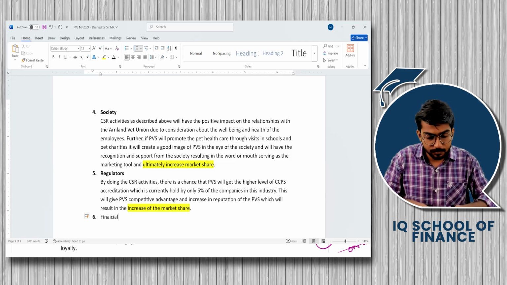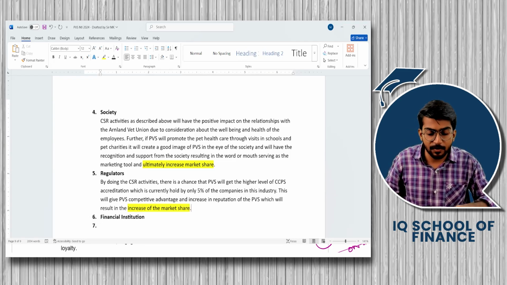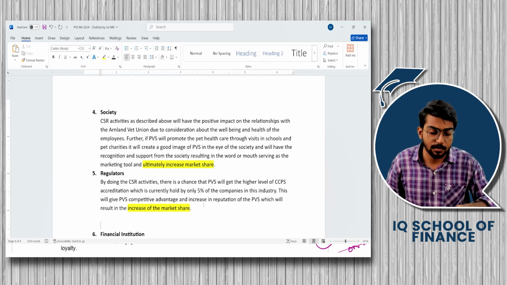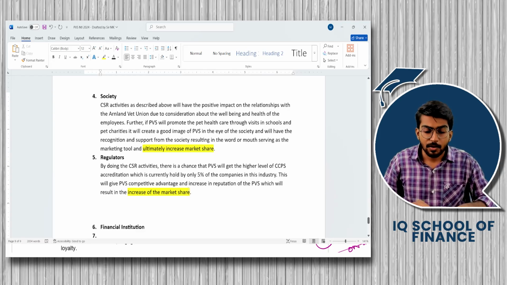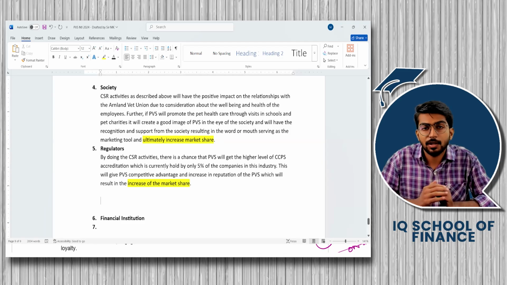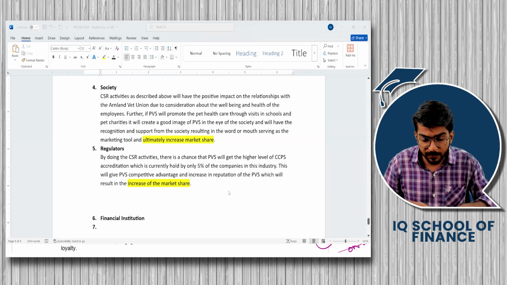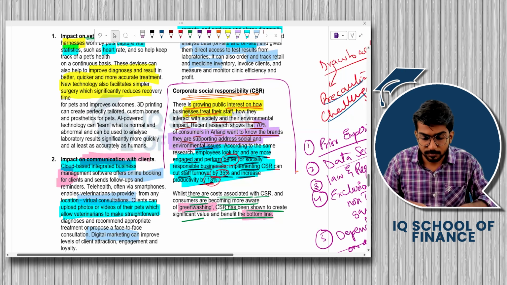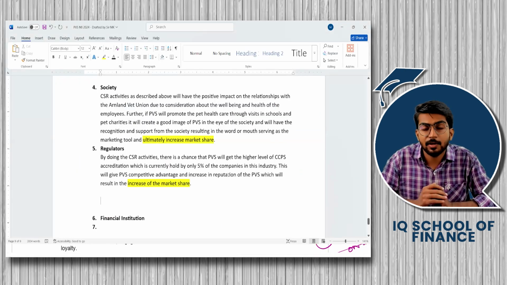For the financial institution, also with regulator, I would like to mention the government aspect as well because it comes into the regulator thing as well. What do you guys think: if I'm doing the CSR activities and the society is concerned about the CSR activities and the well-being of the staff and the pets, is there a chance that I would get reduced taxation, government grants, or support from the government for doing this kind of work?